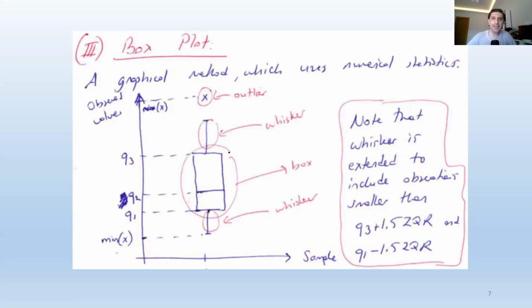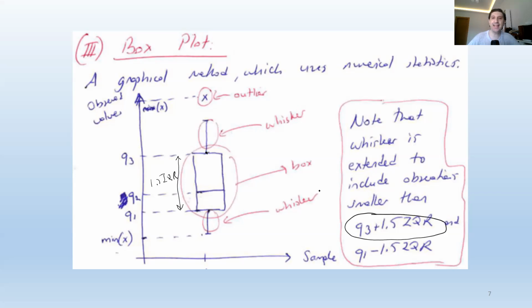After we draw this rectangle, we find the interquartile range. Then, starting from Q3, we multiply this interquartile range by 1.5 and add this to Q3, which is this formulation.